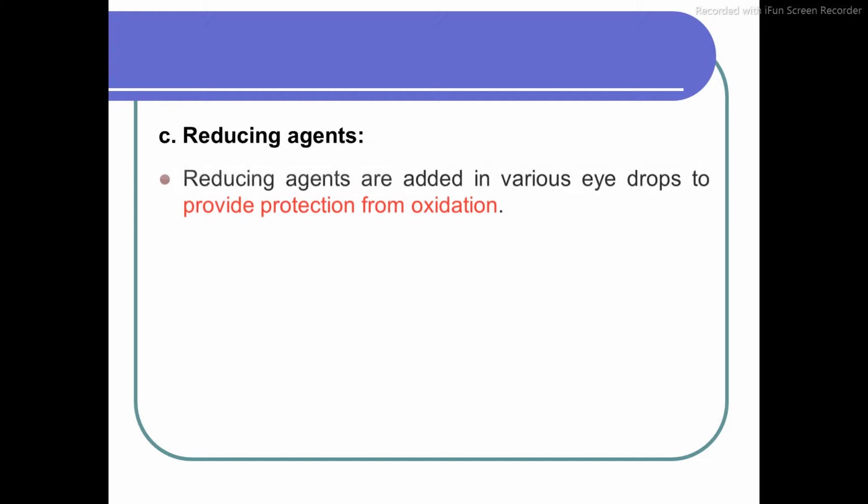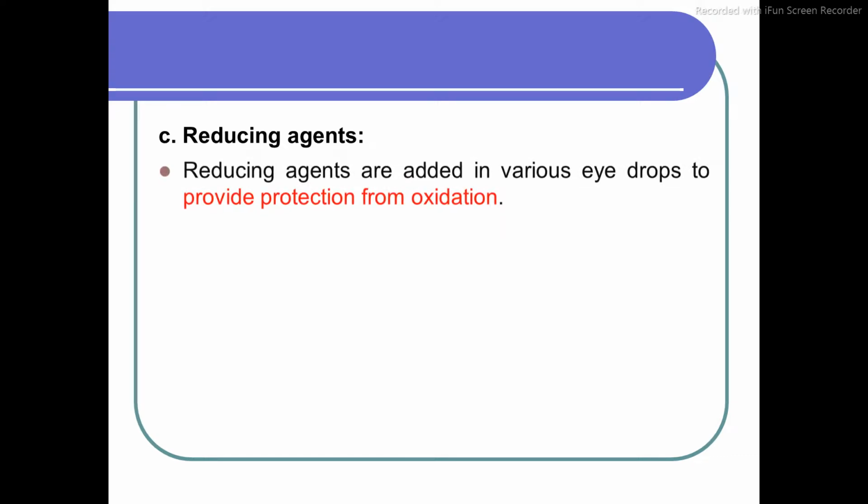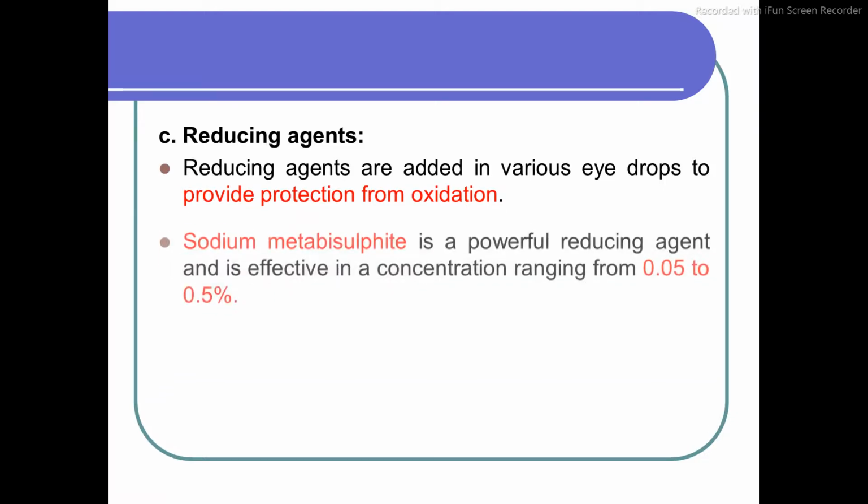Next one is the reducing agent. Reducing agents are added in various eye drops to provide protection from oxidation. Oxidation means donation of electrons. So this type of reducing agent will prevent the oxidation of your medicaments.